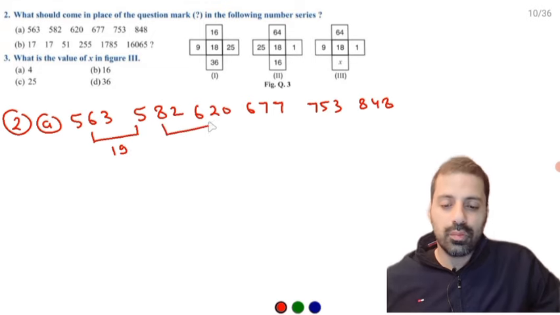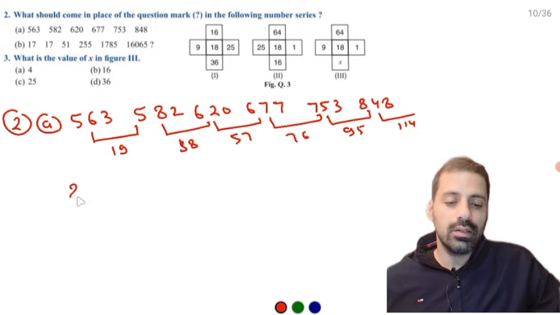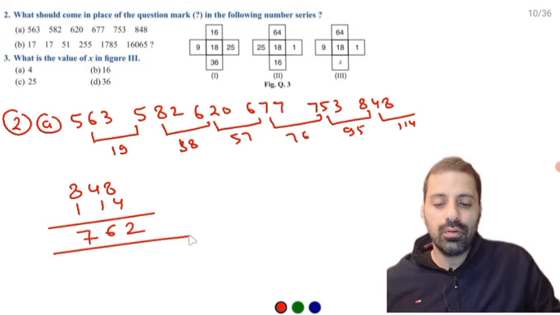So the difference from here to here is 19, and the difference from here to here is 18, 2 times of this, and the difference from here to here is now 3 times, now 4 times, now 5 times. So if I add 484 with 114, we have 256 and 7 and 9, sorry. And this is the answer of this question.